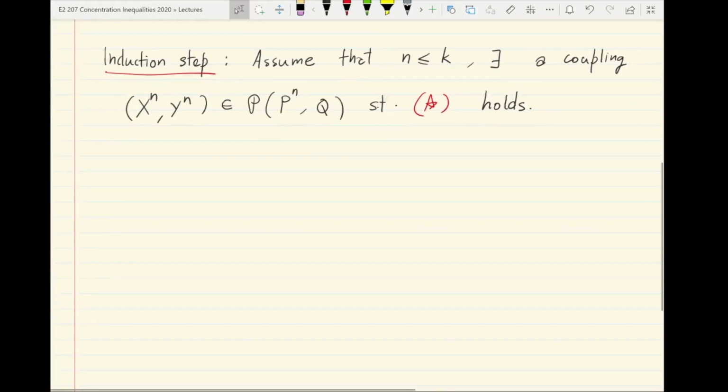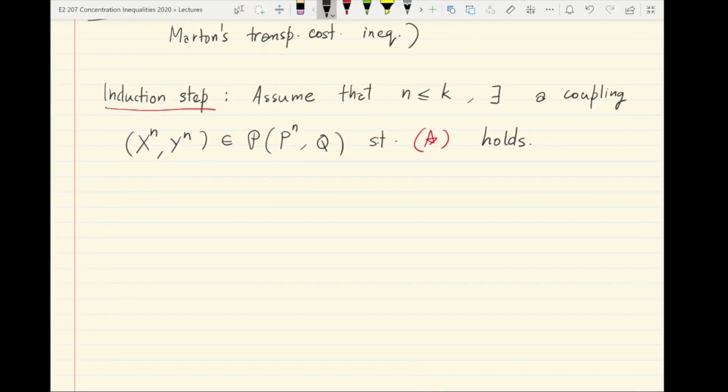What we will do is to show that the same inequality holds for n equal to k plus 1 by building a new coupling. Let's now couple using sequences of length 1 extra. So let's couple x k plus 1 to y k plus 1 with desired marginals p k plus 1 and q.